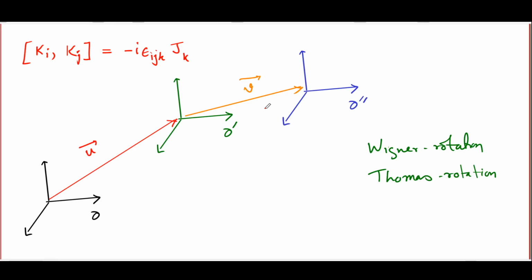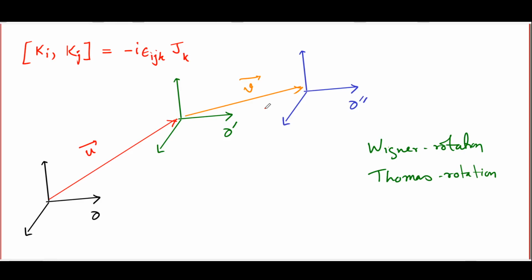However, if you were to delve a bit deeper and look at the velocity addition formula for non-collinear boosts, where u and v are not in the same direction, you will find that u plus v is not the same as v plus u. This non-commutativity actually tells you that the velocity of O with respect to O double prime and the velocity of O double prime with respect to O are not negatives of each other, which goes against a very basic principle which has been carried over from classical physics onto Einsteinian physics.